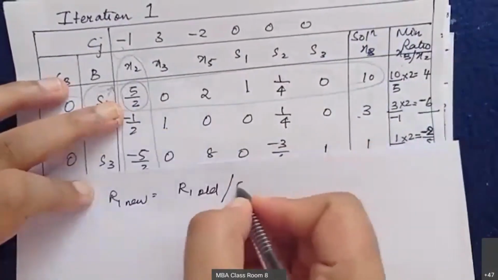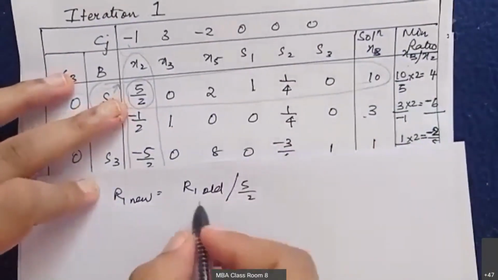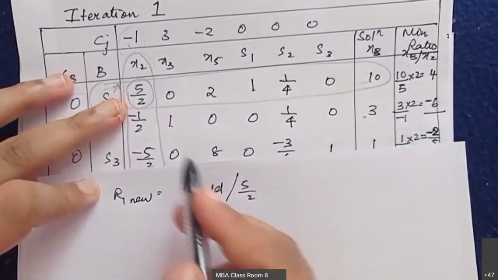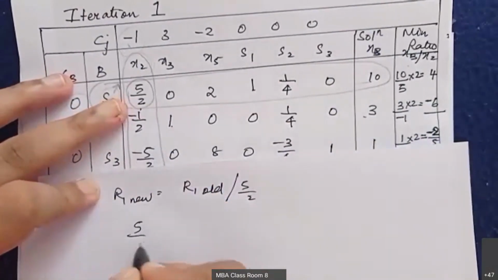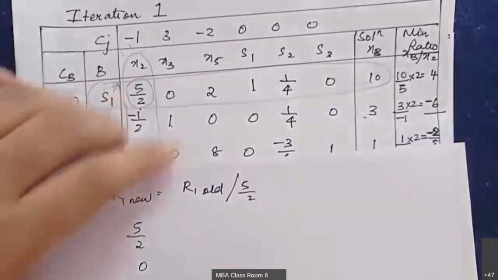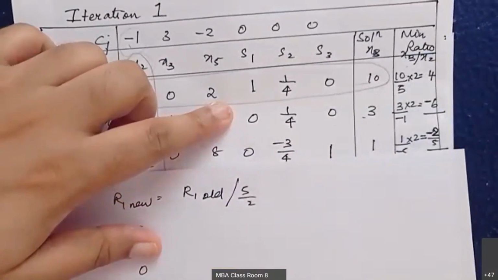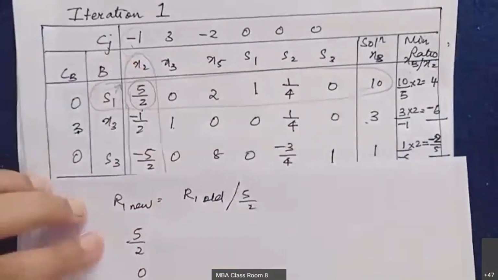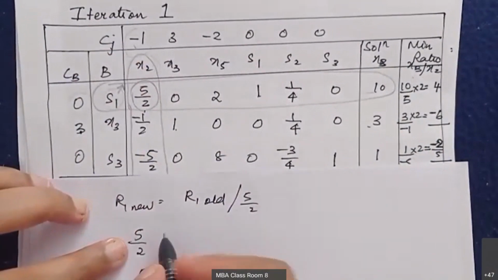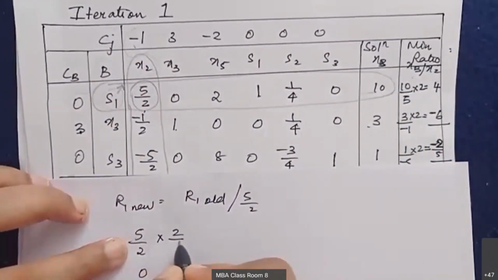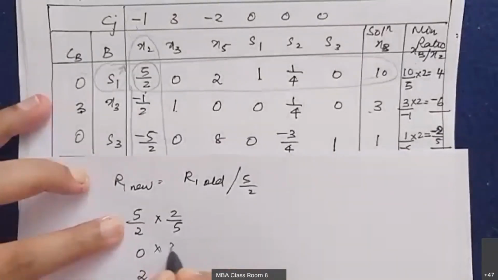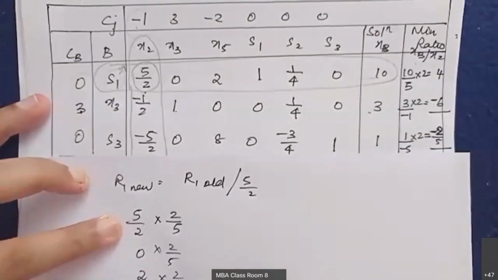The key element is 5 by 2. So write down the elements of R1 old, that is 5 by 2, 0, 2, 1, 1 by 4, 0 and 10. Instead of divided by 5 by 2, I am writing multiplied by 2 by 5. So everywhere I am writing it as 2 by 5.